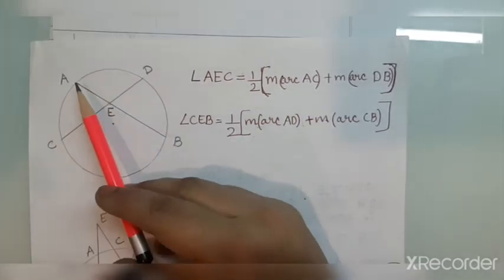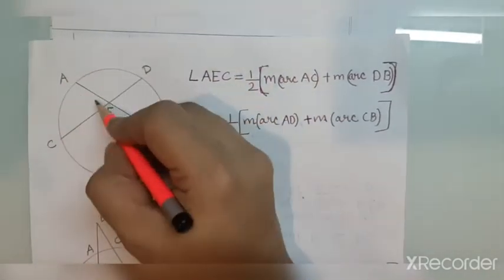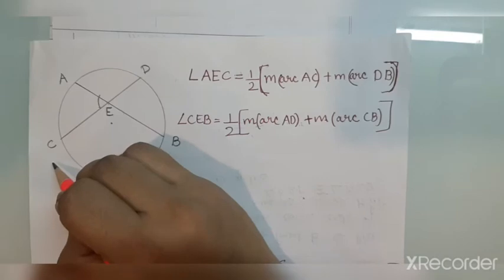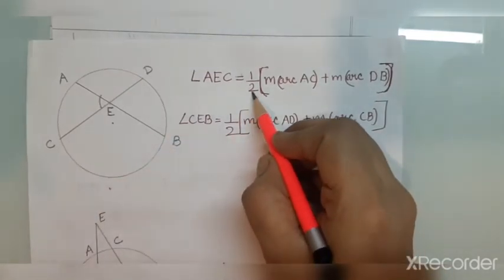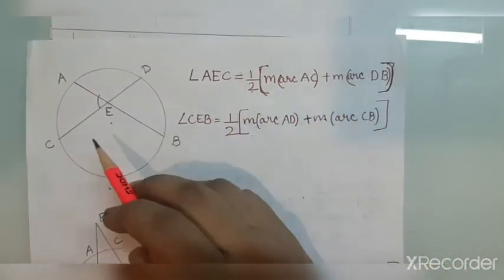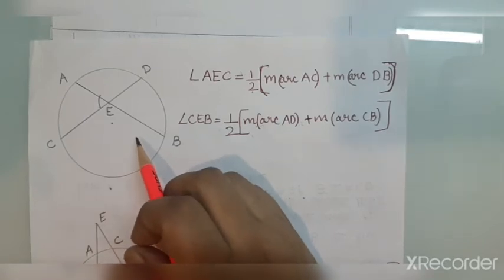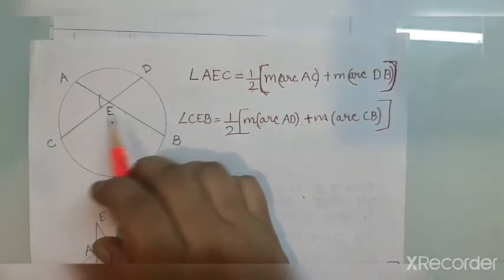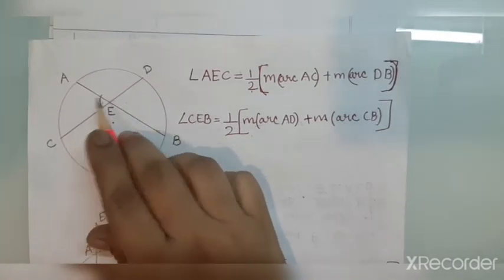So according to the property, if I take this angle, angle AEC, it is half of the sum of the measures of the arcs which are intercepted by the angle and its opposite angle. Which are the arcs intercepted by this angle and its vertically opposite angle?